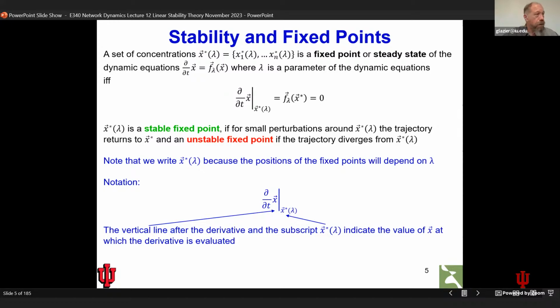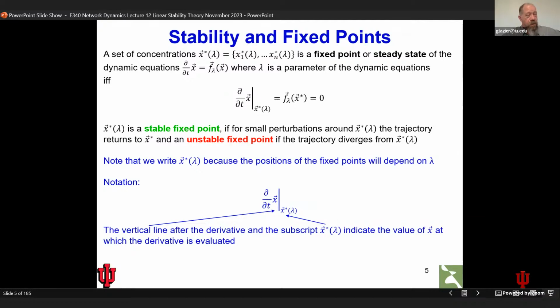Good. All right, so I want to come back to stability and fixed points. I haven't labeled these as review, but we're going to start basically from where we were last time. I tried to clarify some of these slides a little bit.